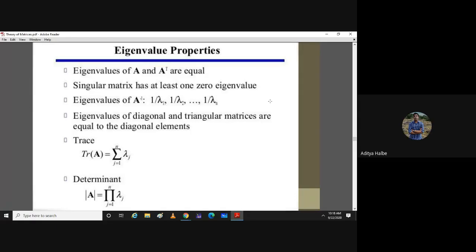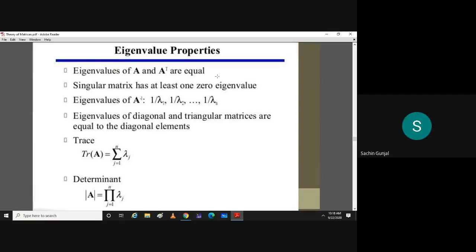Because the determinant of a singular matrix is 0, and determinant is nothing but the product of eigenvalues. That means lambda 1 into lambda 2 into lambda 3 equals 0, which implies that one of the lambda i should be 0. Please write down these properties because there will be some MCQ based on this.